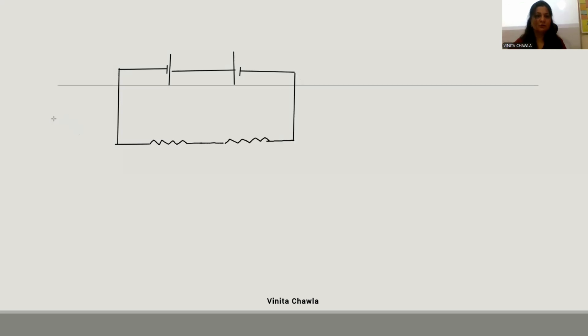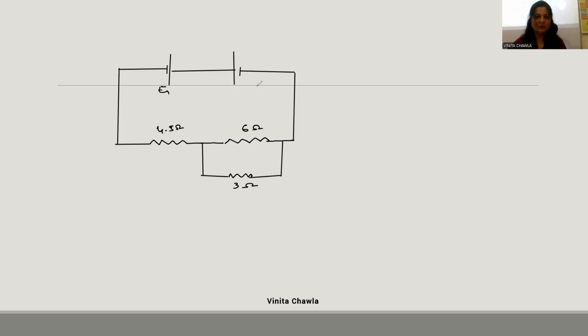Draw करो. खाली क्यों बैठे हो? Draw this circuit, बेटा. 4.5 ohm, 6 ohm, 3 ohm.